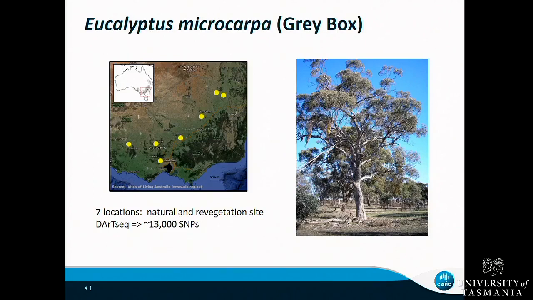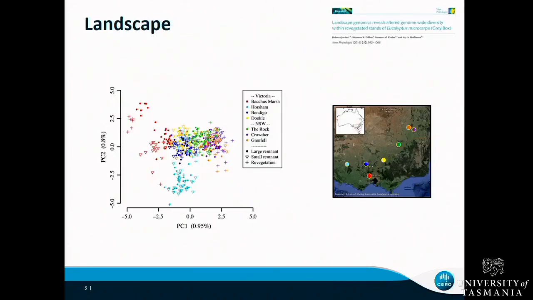So starting firstly at that really broad landscape level that Justin introduced, wherever he's disappeared to, really nicely earlier. This is a little bit of a busy picture, but I just want you to take away a couple of key things. One is looking at the colours. So this is looking at each of the individuals and how related they are across the landscape. The 7 different colours represent the 7 locations that I sampled, and what we see is that cline across the landscape.